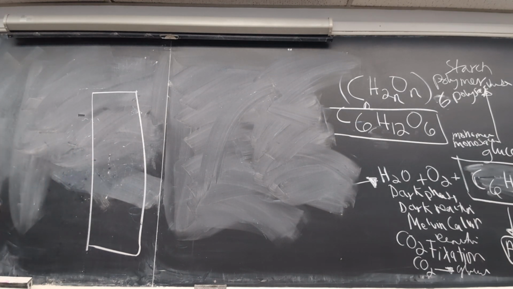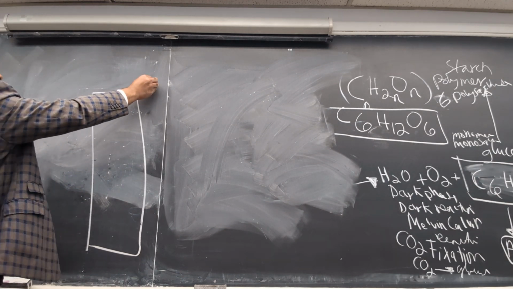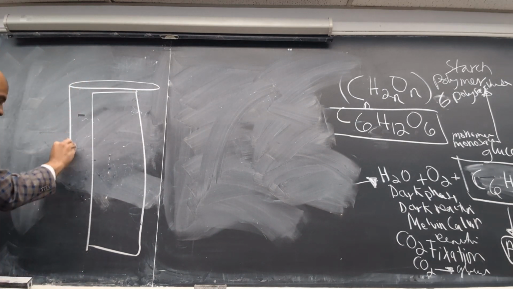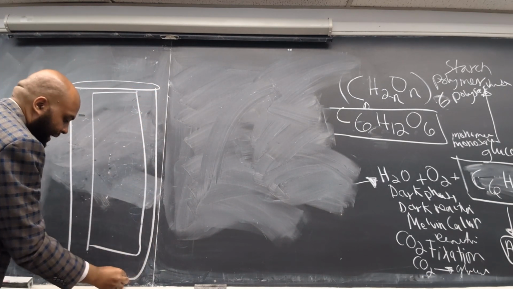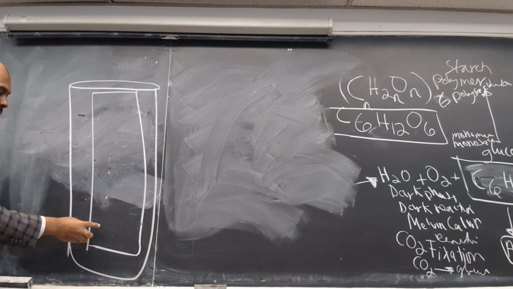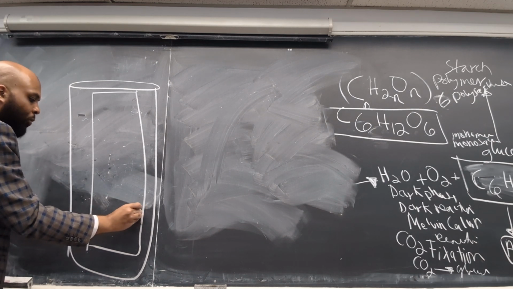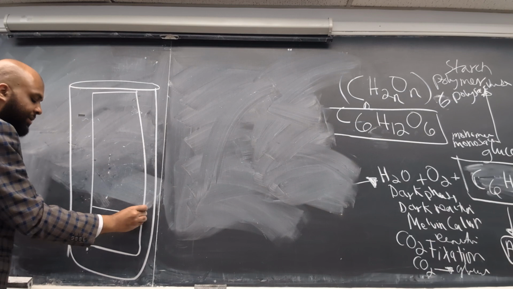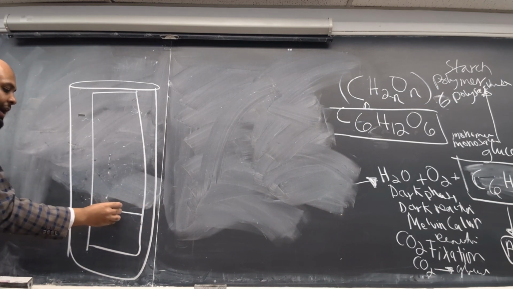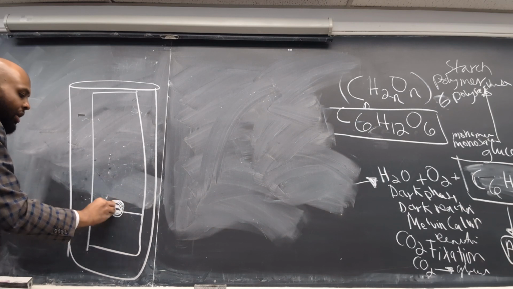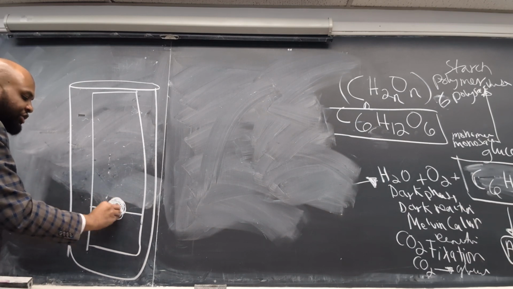You're going to cut it up with the scissors. And when you cut it up, you're going to make sure that it's going to fit in our tubes like this. And from the bottom, you measure approximately 1 centimeter. And that is where you're going to mash and put in all of the spinach extract.